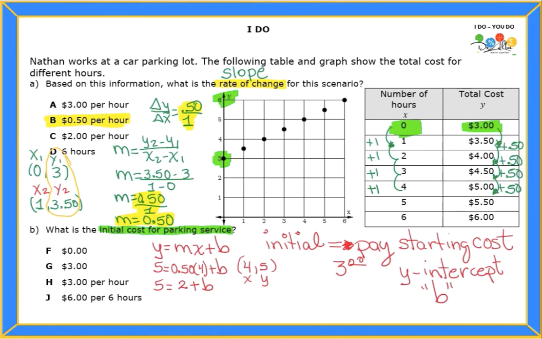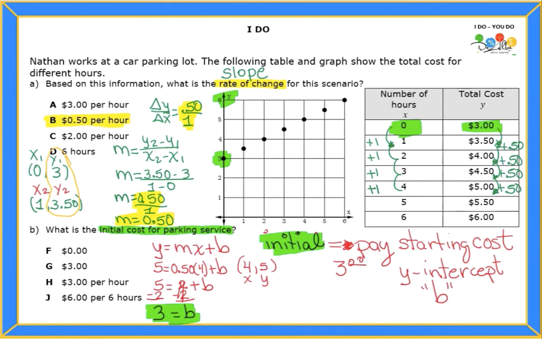And I'm going to say plus b. I want to leave b by itself. Therefore, I need to take away 2 on both sides. And the 2's are going to cancel. So what's 5 minus 2? It's 3, right? So that will be the initial cost.